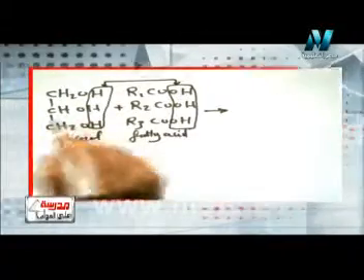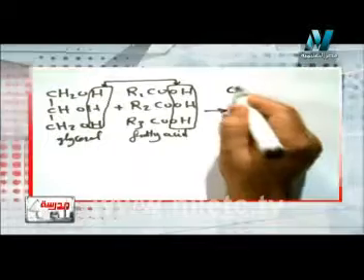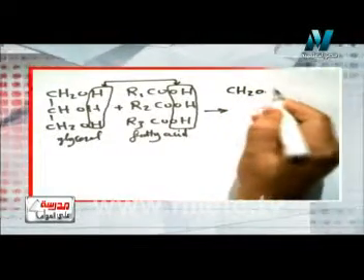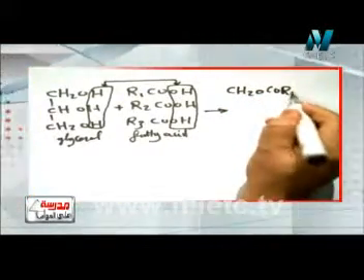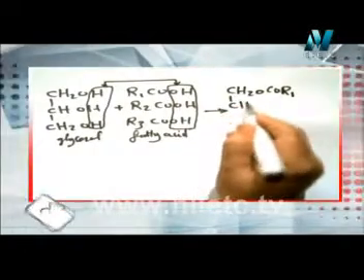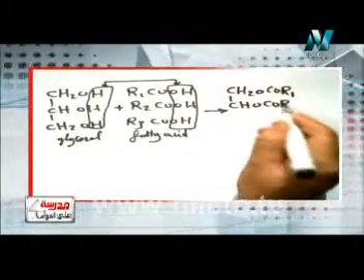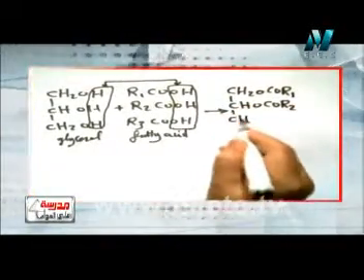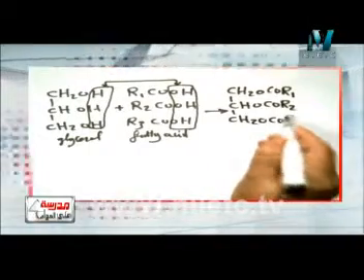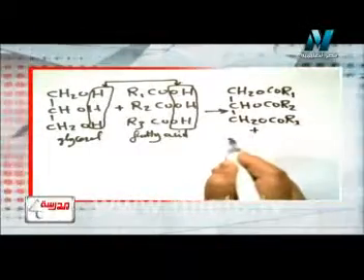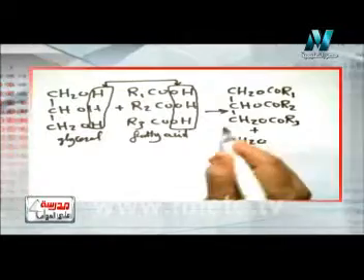CH2OH, CHOH, CH2OH forms CH2OCOR1, CHOCOR2, CH2OCOR3, plus 3 molecules of water.